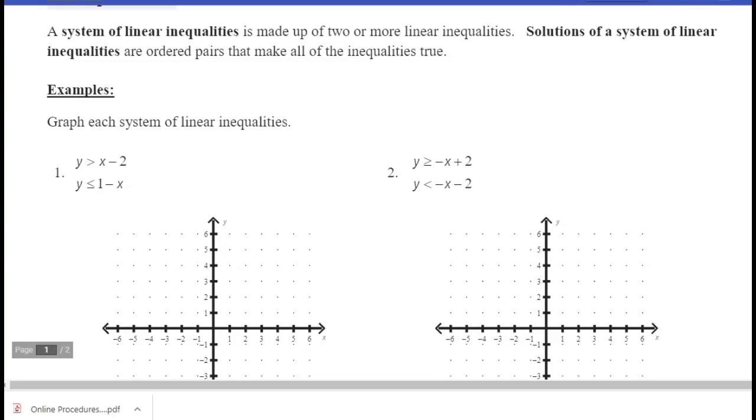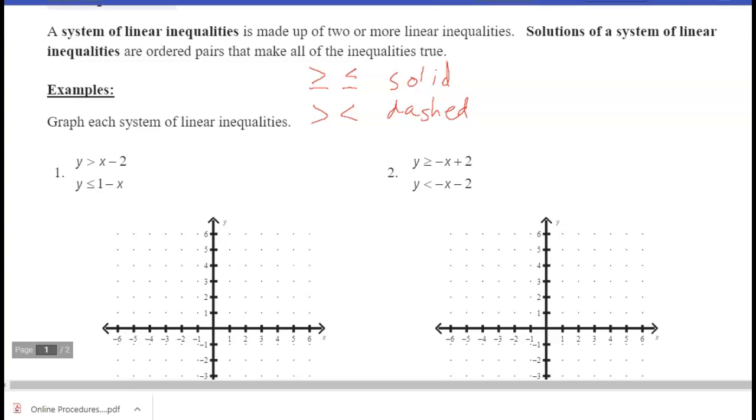If you can figure these out, you should be good to go. Anyway, we're doing the same thing we did yesterday, so you need to go back and watch yesterday's video in order to understand what we're doing. As a reminder, when they're like this, with the greater than or equal to, less than or equal to, that's a solid line. And when they're like this, without the equal to part, it's a dashed line.